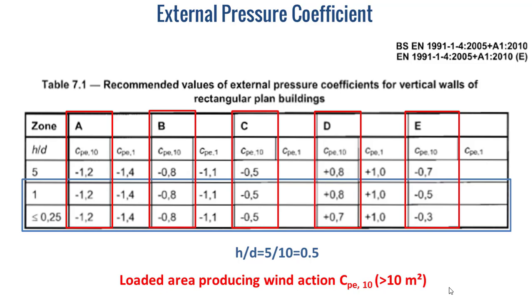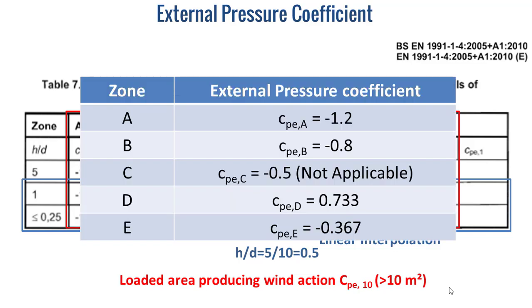So 0.5 is between 0.25 and 1. So we can use a linear interpolation to determine CPE 10, which are the external pressure coefficients in our case. And after calculation, we can determine these external pressure coefficients as detailed in the table that you see now in this slide. Here, as you can notice, the zone C is not applicable because we have only two pressure zones on the side walls, which are A and B.